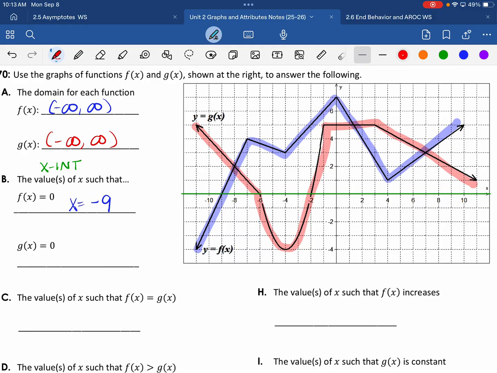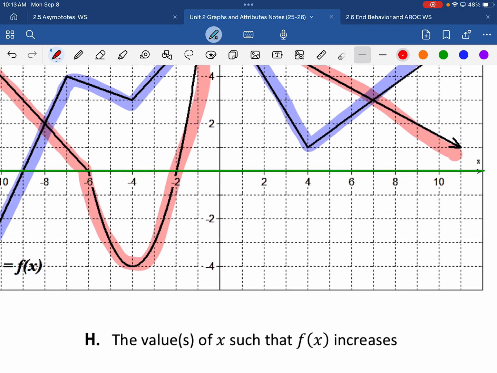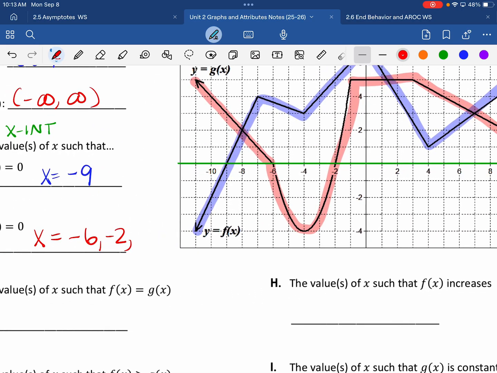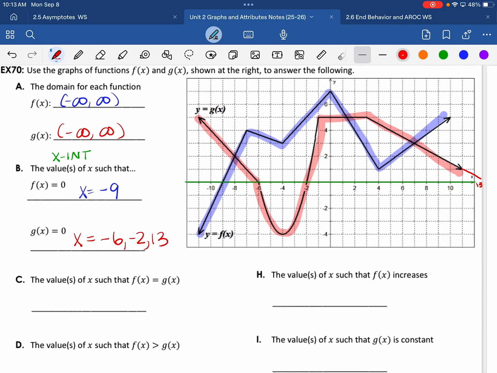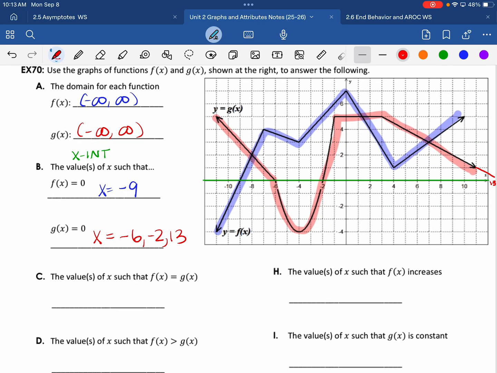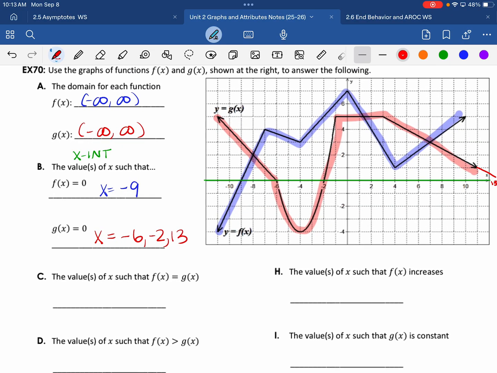When does the g function, which is red, hit the x-axis? -6 and -2. And it's kind of hard to tell, but 13. That one will extend and hit at 13, I think. I won't put one tricky like that on your test. Okay. I'm so highlighted.